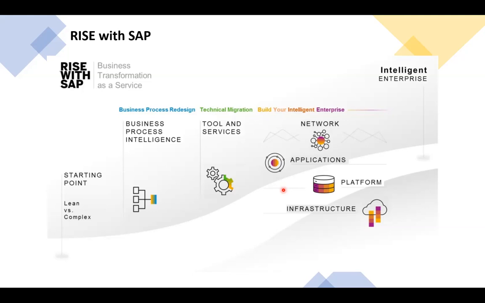That package is called Rise with SAP. So there will be one agreement, one approach, one delivery, one service provider. There will be no other things. That is what is called Rise with SAP.